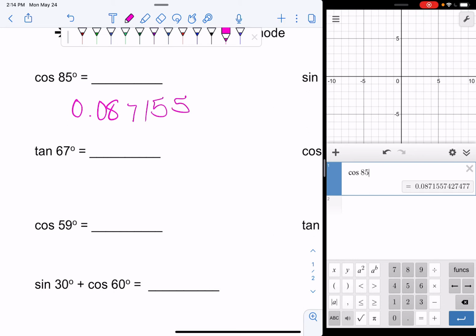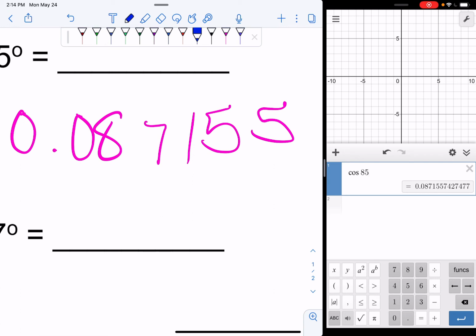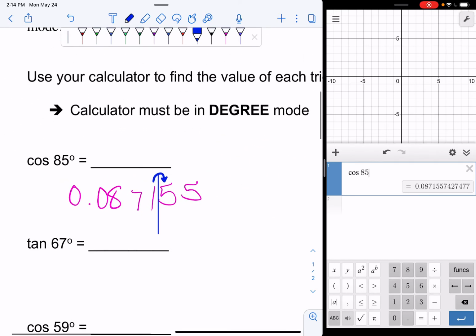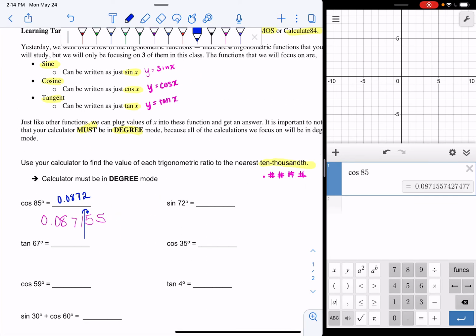I want to round to the nearest 10,000th, so that's 4 decimal places out. I stop here, 1, 2, 3, 4. Next to my 1, I have a 5. So is my 1 going to stay the same, or change? Very good, it will change. My final answer is 0.0872. The cosine of 85 degrees is 0.0872.